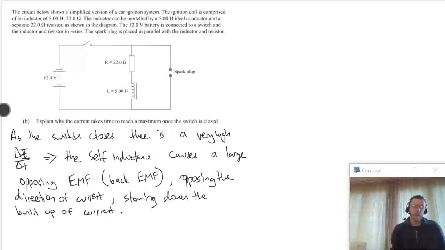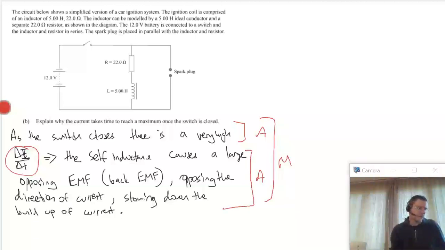But ultimately, this is the 2 points you really want to have, which is this point here, that you've got very high rate of change of current, and that you've got this causing a large EMF that opposes the current. And if you have both of those, you get a merit.